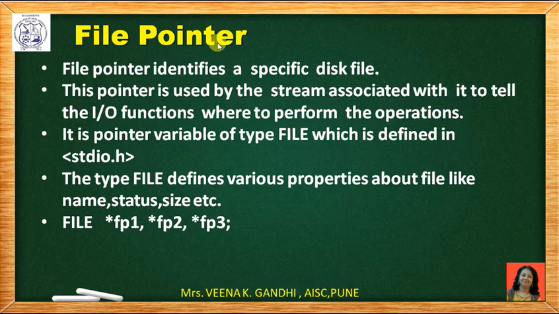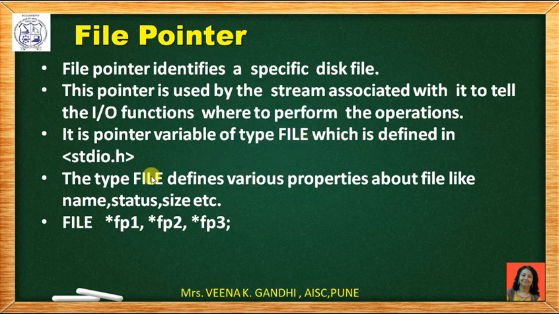What is a file pointer? A file pointer identifies a specific disk file, means it points to a location of the open file. This pointer is used by the stream associated with it to tell the IO functions where to perform the operations. It is a pointer variable of type FILE, which is defined in stdio.h.